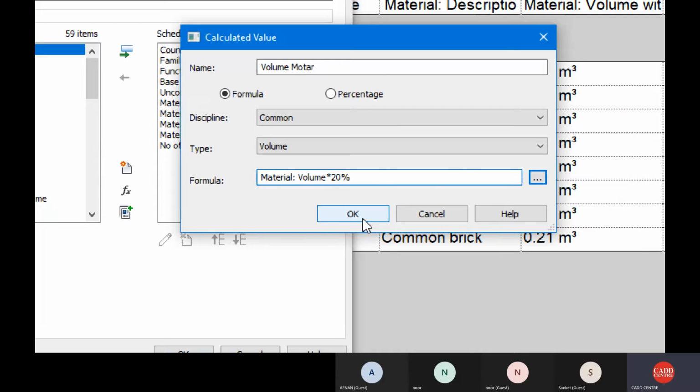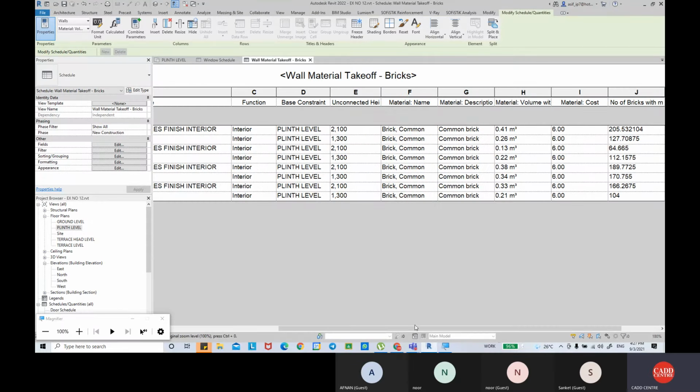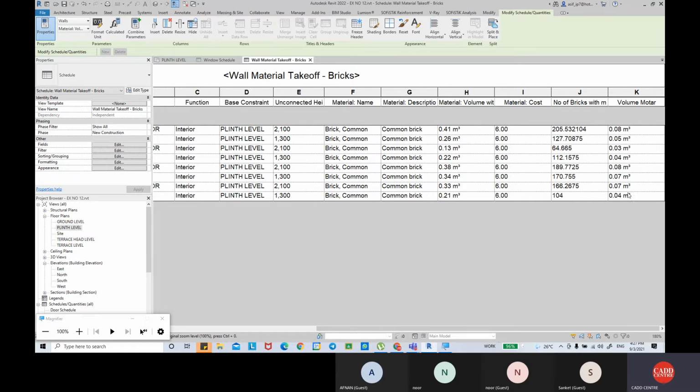Okay, so we get to know the volume of MOTAR that is going to be used with the bricks basically.